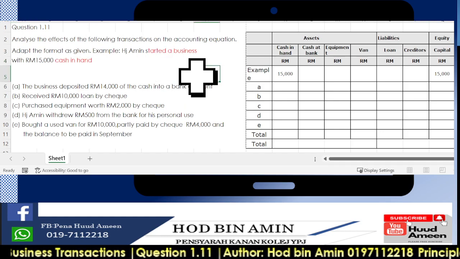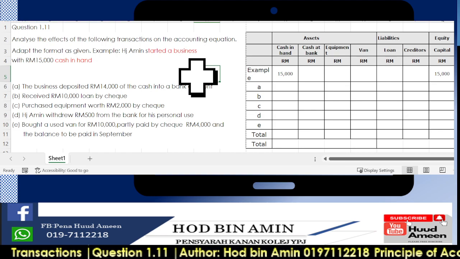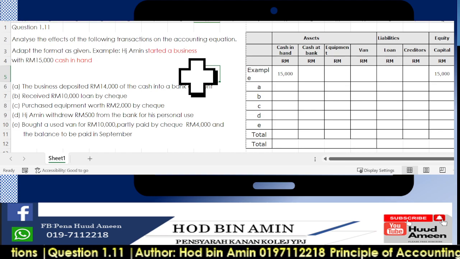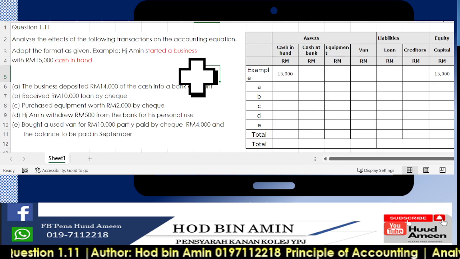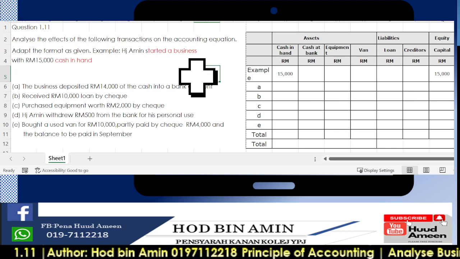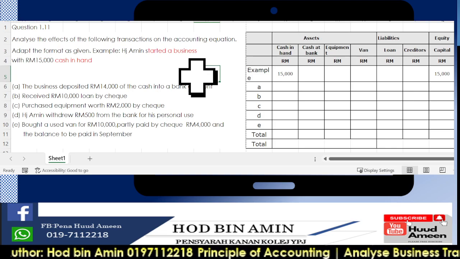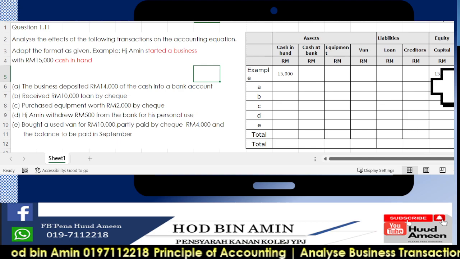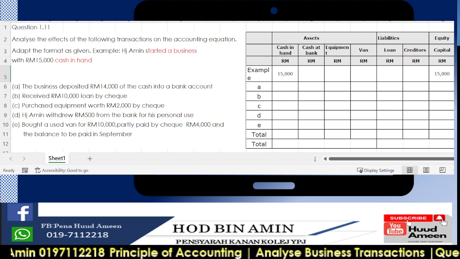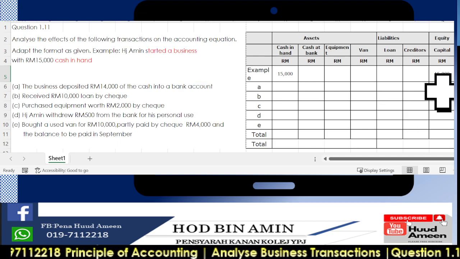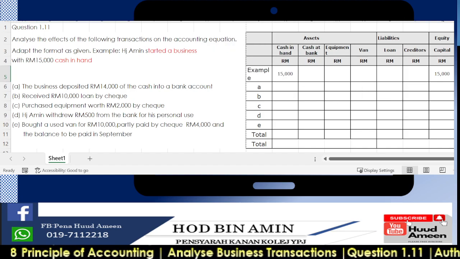Okay, for accounting purpose, we have assets equal to liability plus equity. So started a business is considered capital. Considered capital.